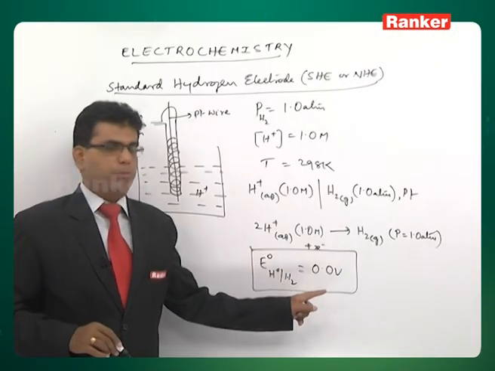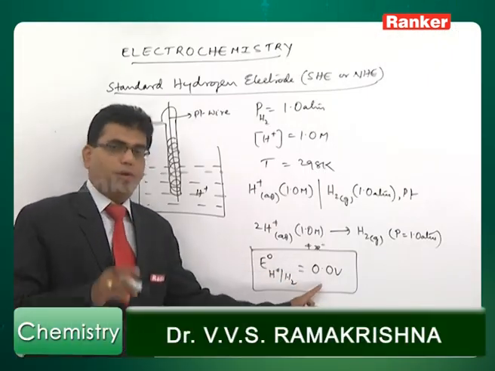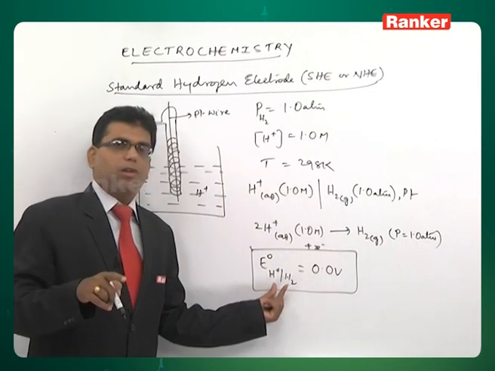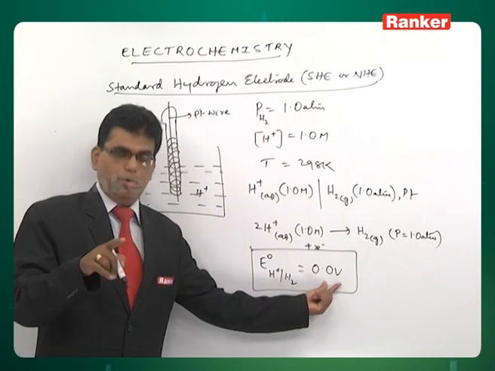This is the standard reduction potential, and the value is taken as 0. The standard reduction potential value of hydrogen electrode is taken as 0.